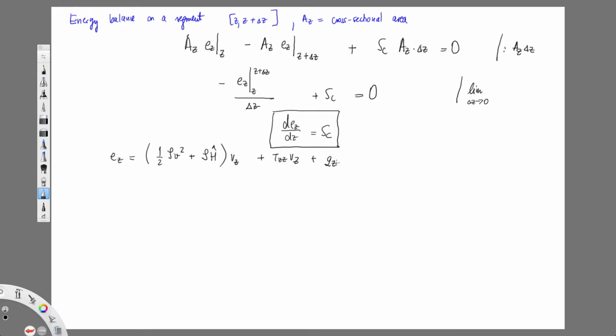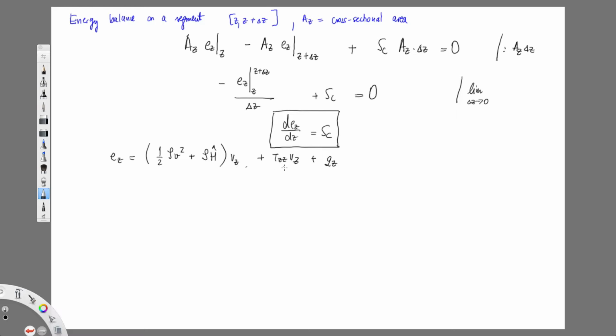So let's now analyze this a little bit. V_Z I do have, so that's my Darcy velocity. It's going to be constant here. And then V squared will essentially be V_Z squared. Rho H, that I will have to write down what enthalpy is. I need a formula for it, and I'm going to give you that formula in a second.